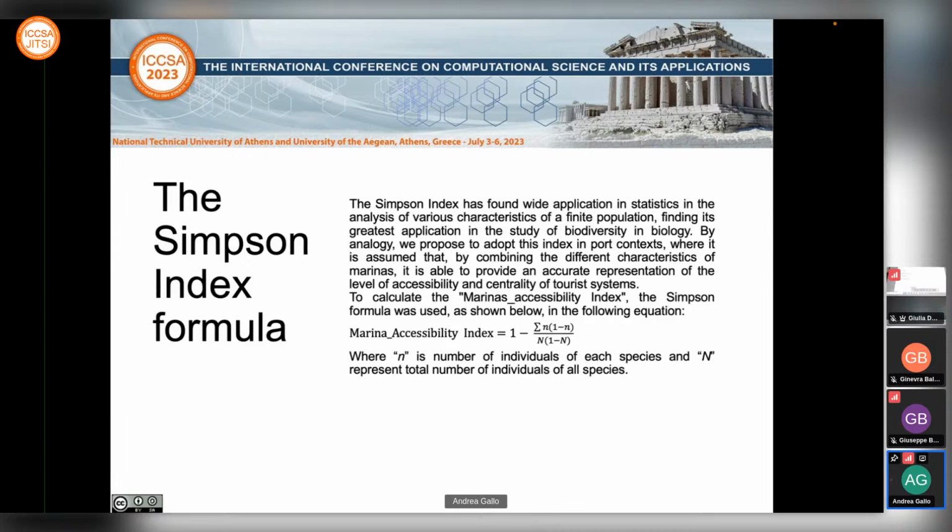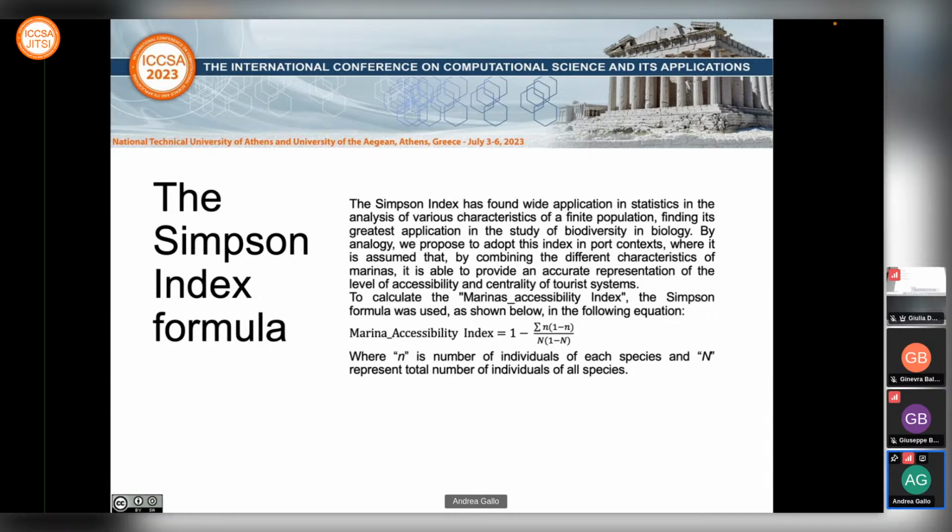For elaborating the Marinas Accessibility Index, we decided to use the Simpson Index formula, which has found huge application in statistics for the analysis of characteristics of a finite population, in particular concerning biodiversity and biology.